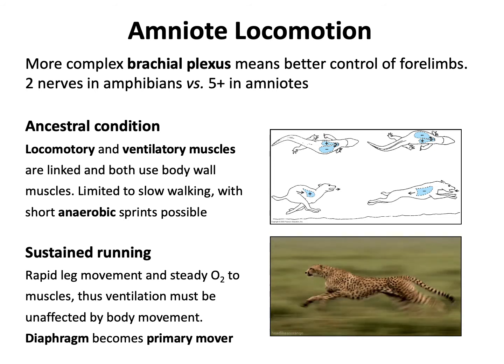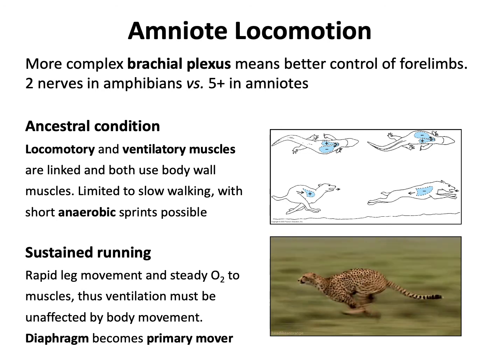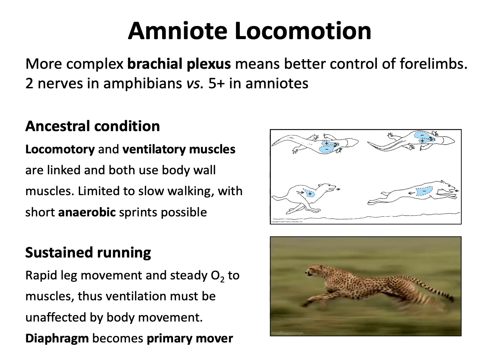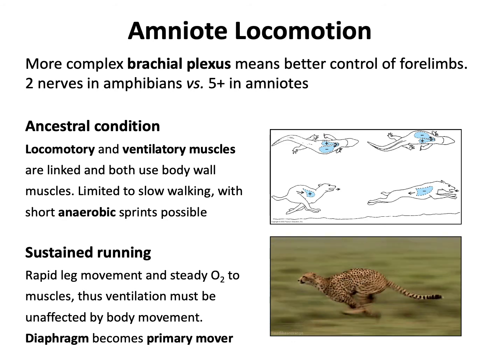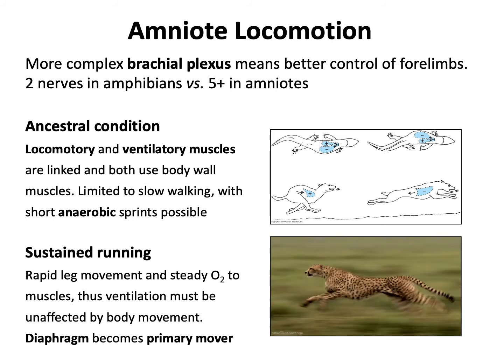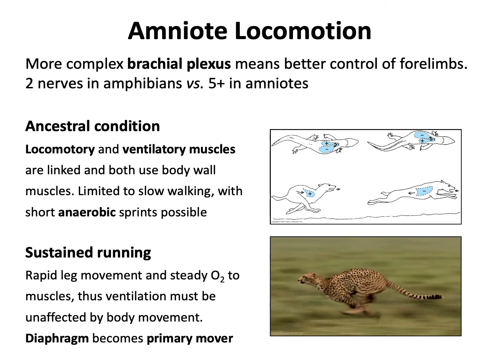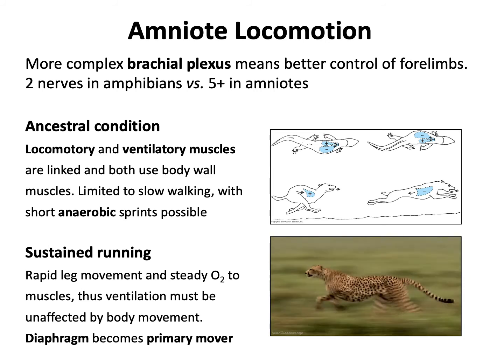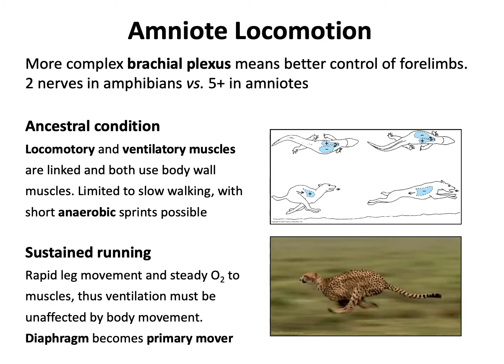And the brachial plexus basically innervates your forelimbs and allows you to control all the various muscles on your forelimbs. When you look at amphibians, they only have 2 nerves that feed into this plexus. But when you look at the amniotes, you have at least 5, and in some cases upwards of about 10, that allow you to control all the different movements that you're engaged in with the front of your body, right?